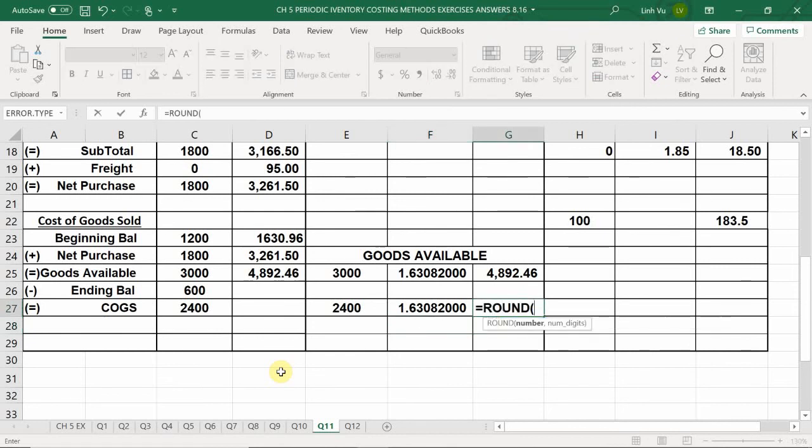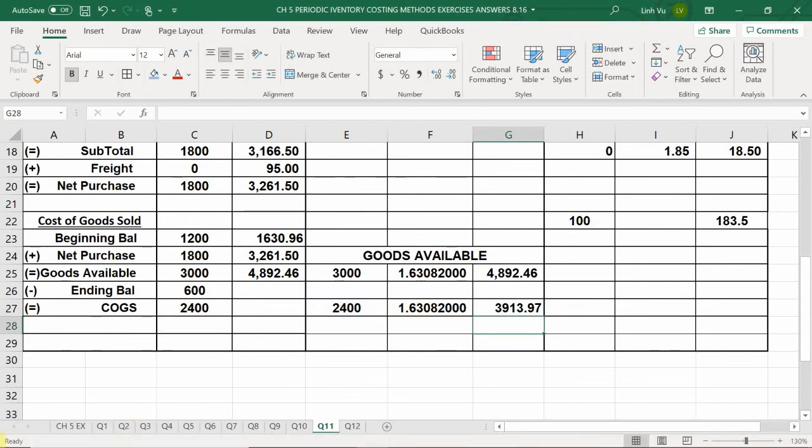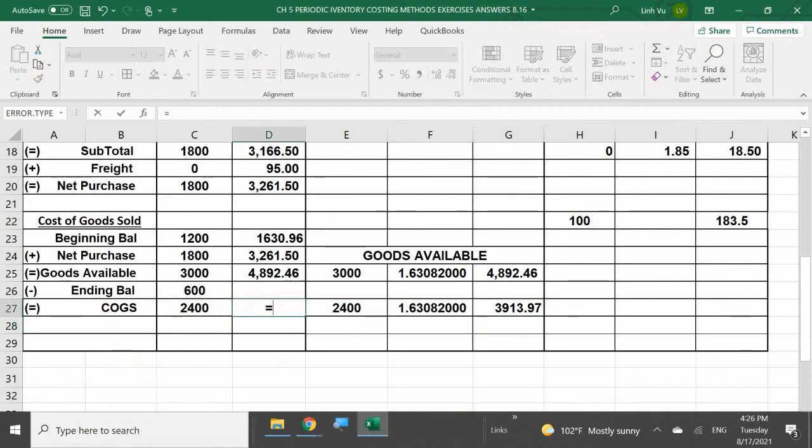So what is going to be my total cost of goods sold? $3,914, round up to 97.